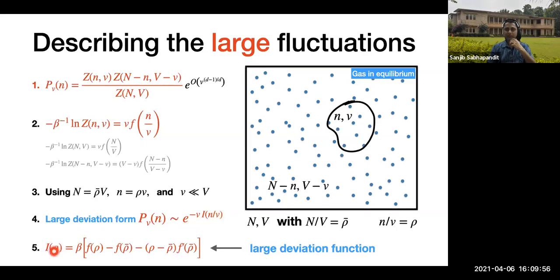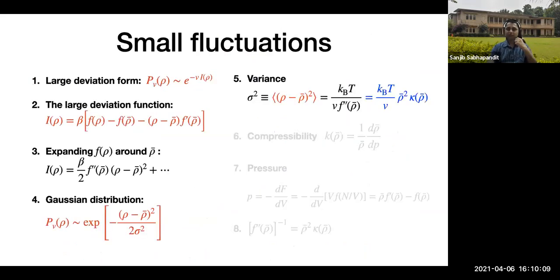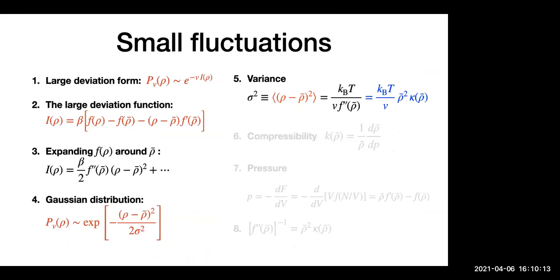In this case the scaling function is given by this, exactly, so you can just find it out. This function is called the large deviation function or the rate function. Of course, as you expect, the small fluctuations should be Gaussian.